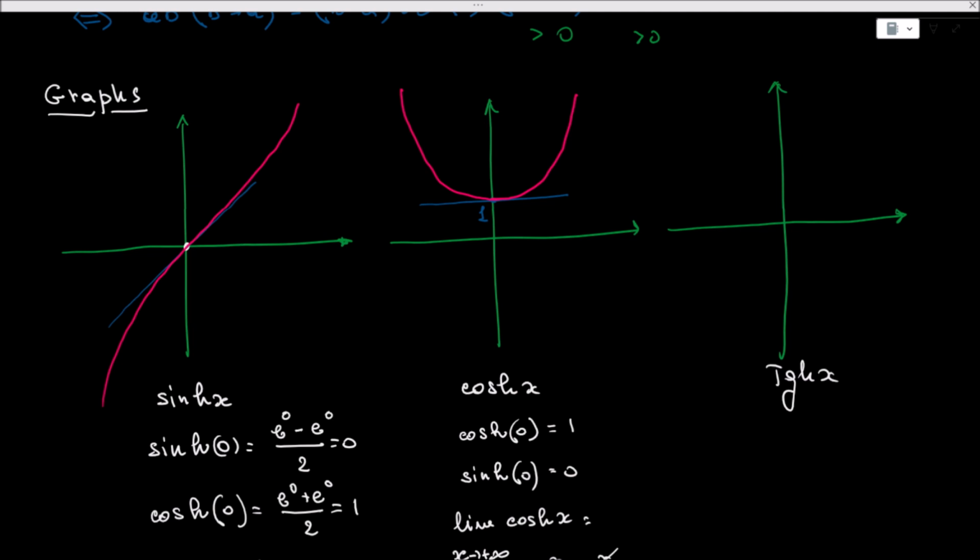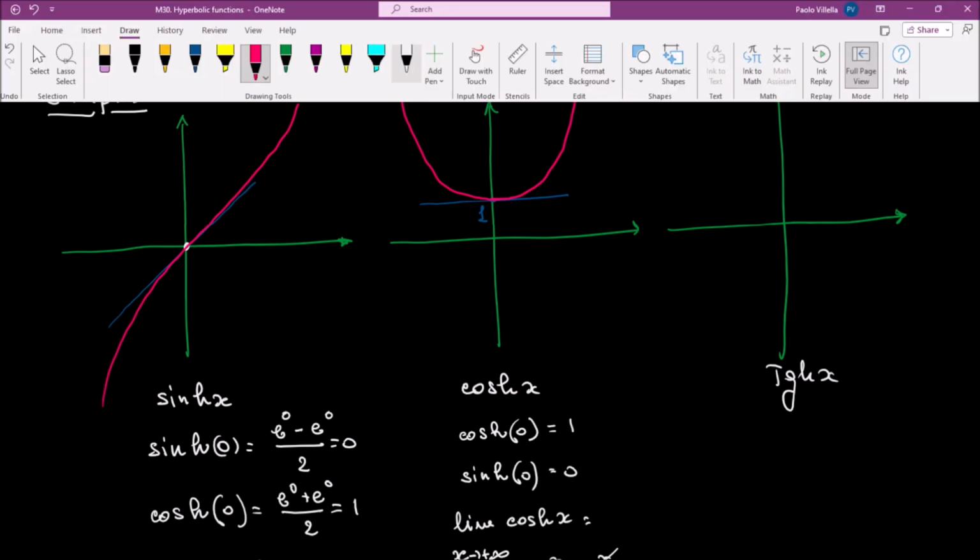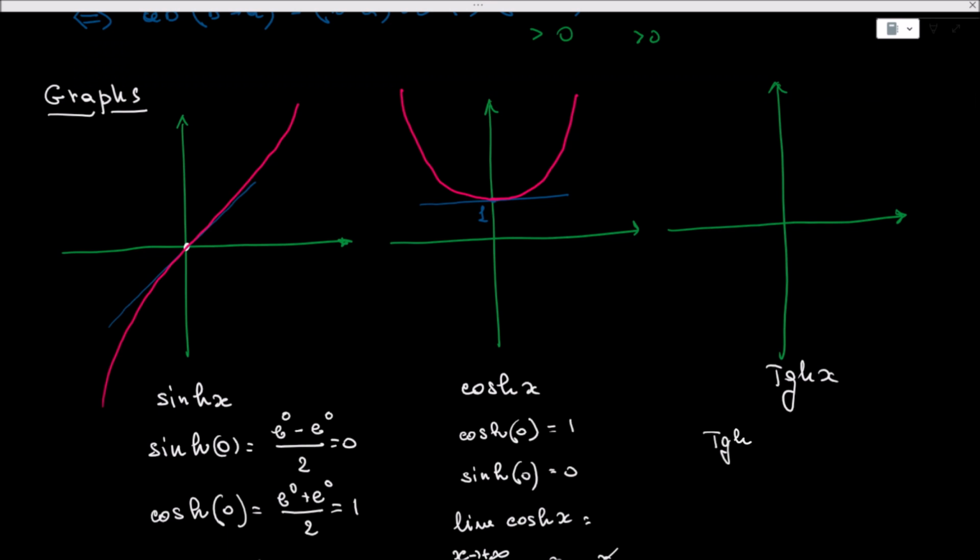Now, when it comes to the hyperbolic tangent of x, the first thing is, what will be the hyperbolic tangent at 0? Remember the expression. We know that this is the hyperbolic sine divided by the hyperbolic cosine, but the hyperbolic sine is 0, so we immediately realize that this function has to pass by 0, right?